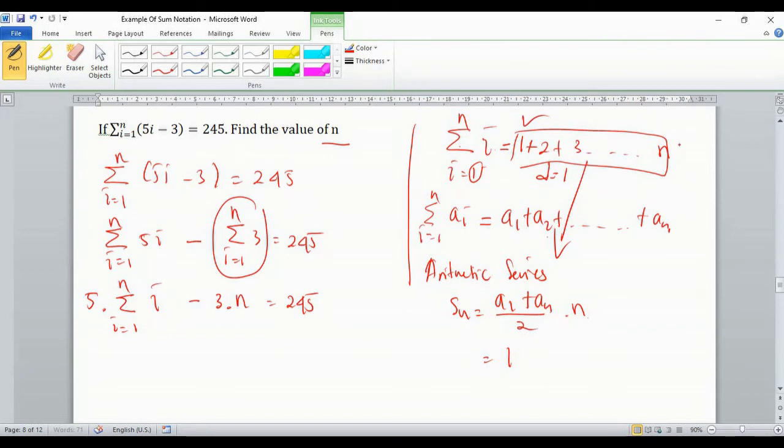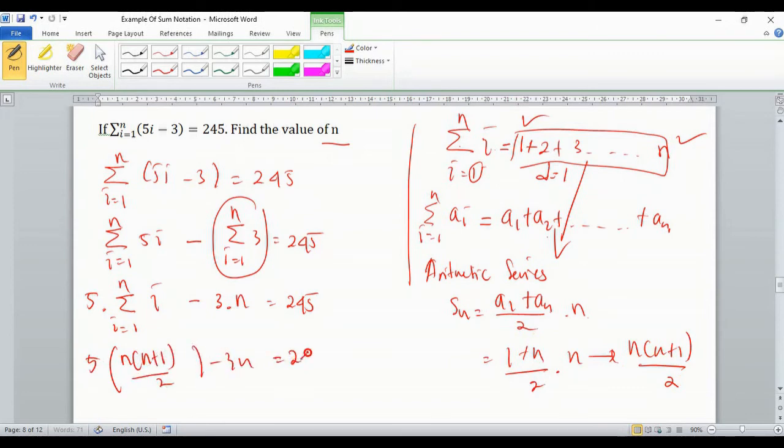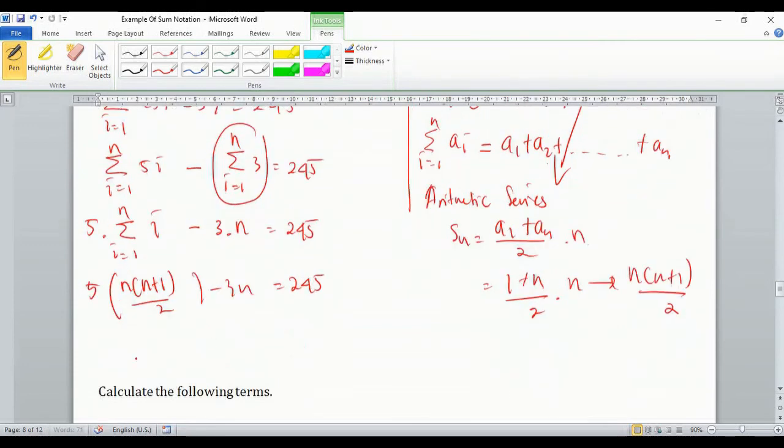The general term is n because we don't know how much it is, over 2 times n. So this one is equal to n times n plus 1 over 2. So we need to change in here 5 times n plus 1 over 2 minus 3n equals 245.